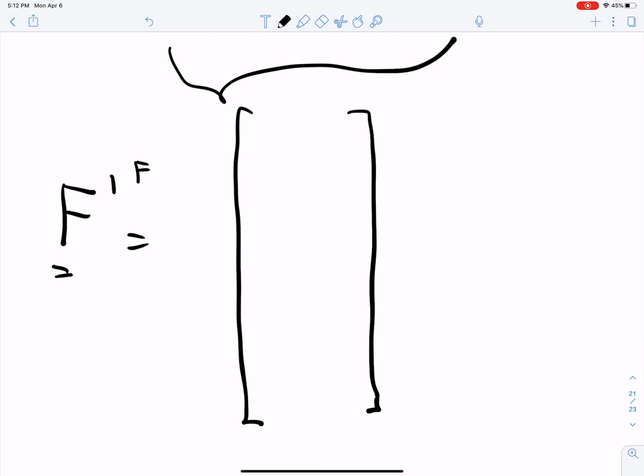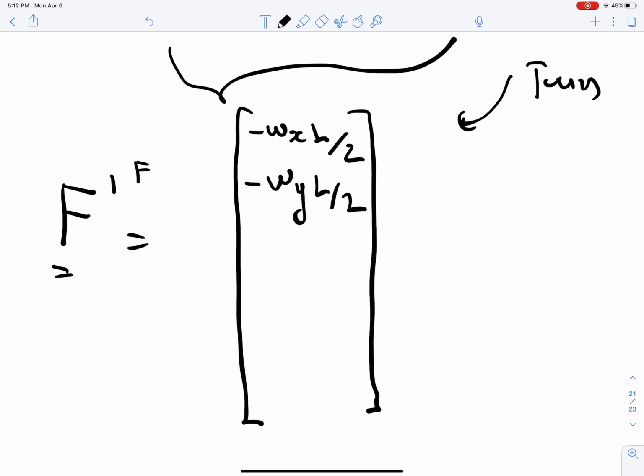And also recall the truss element here. So what you find is for this situation, in the x component, you actually put the x load, Wx L over 2. In the y direction, you put the Wy.